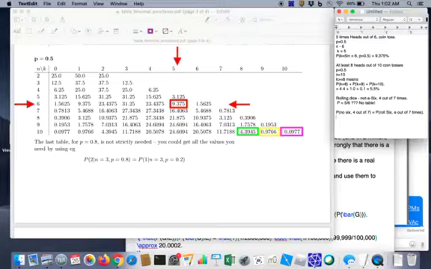And now we're in business, because for rolling a 6 we have the probability lowercase p is 1 over 6. The n is 7, and the k is 3.